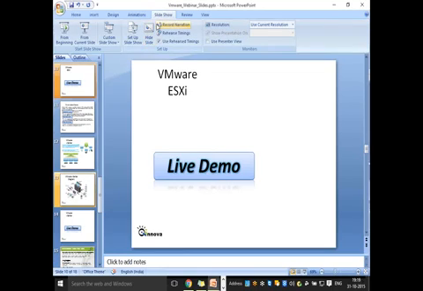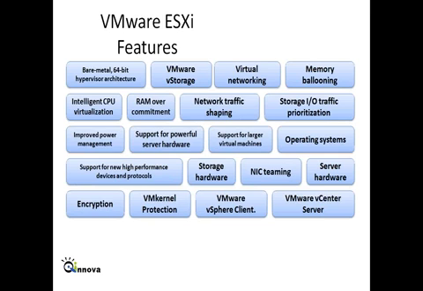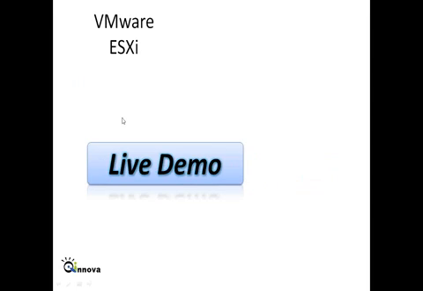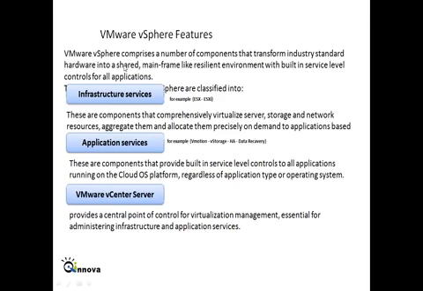So if we come back and see the agenda that was designed, we were discussing the features of ESXi and vSphere, and then we saw the installation of ESXi and the vCenter server. VMware provides you infrastructure services.